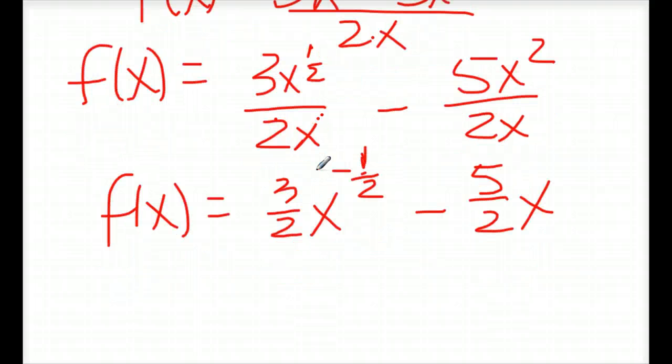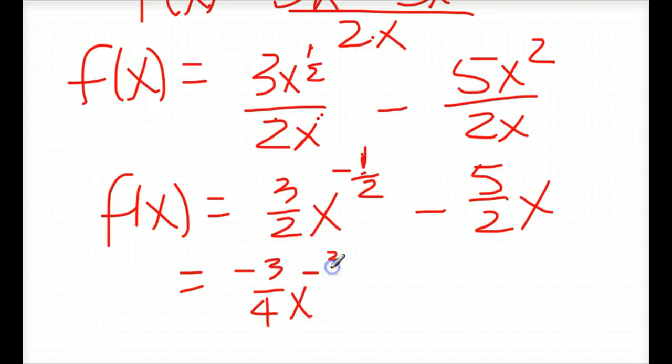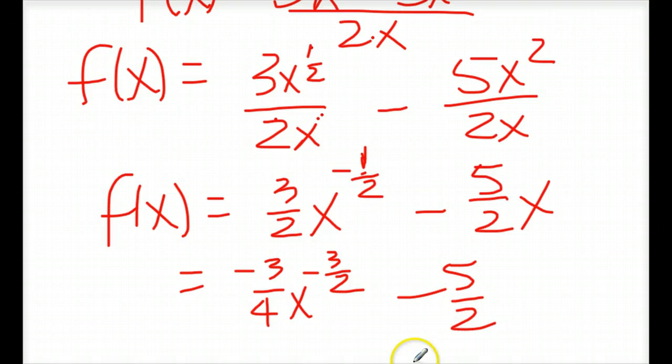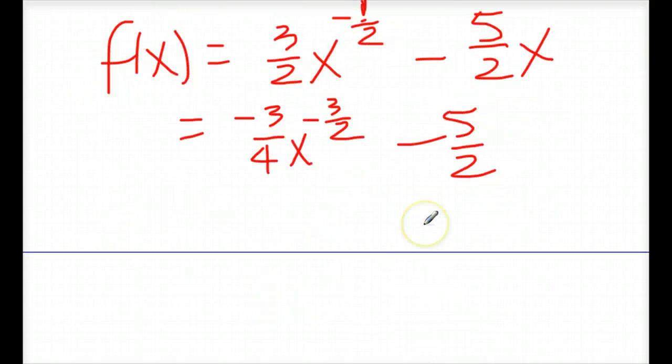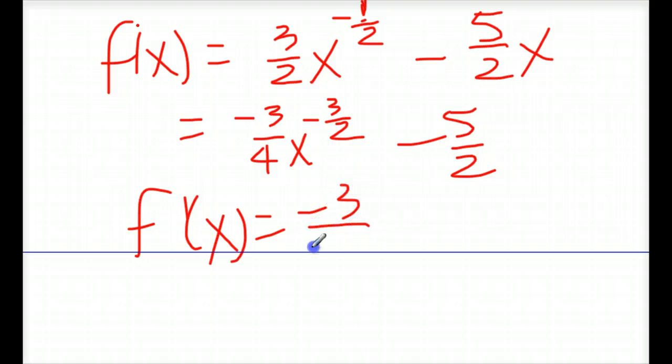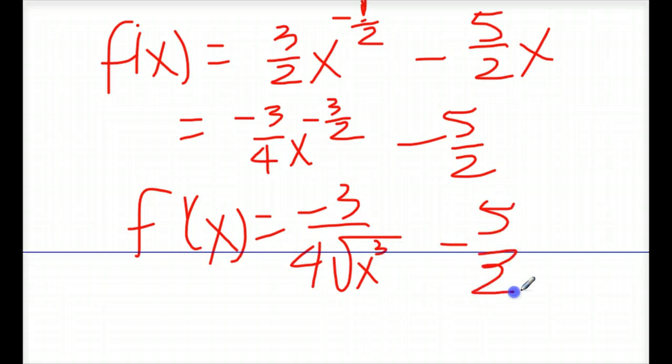Now I'm going to use my basic derivatives, and I get negative 3 over 4 x to the negative 3/2 minus 5 over 2. And if I write this again, f prime of x is equal to negative 3 over 4 square root of x cubed minus 5/2.